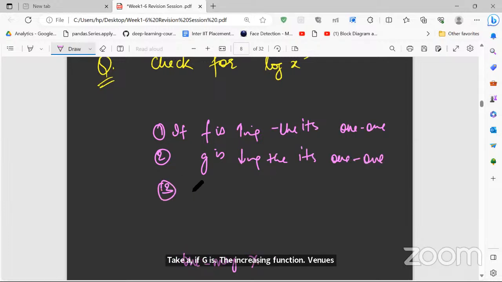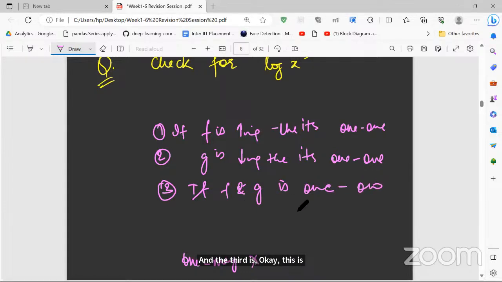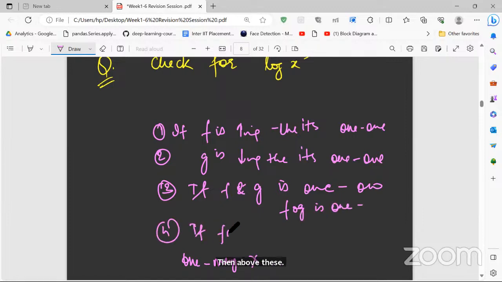And the third is, this is some property, I don't know whether you are knowing or not: if f and g are one-one, then f of g is one-one. And fourth, if f of g is one-one, then f and g are one-one.